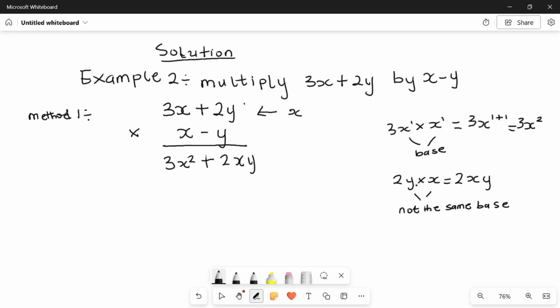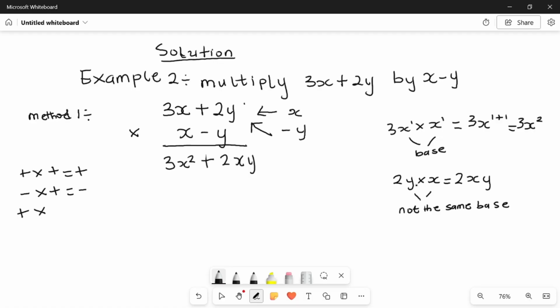So the next step is to multiply by minus y. Multiply everything here by minus y. So we'll do that. Before we continue, let's take note of this. Plus times plus will give us plus. Minus times plus will give us minus.